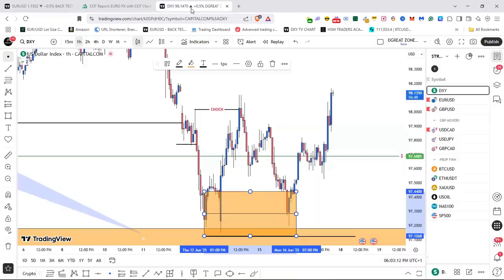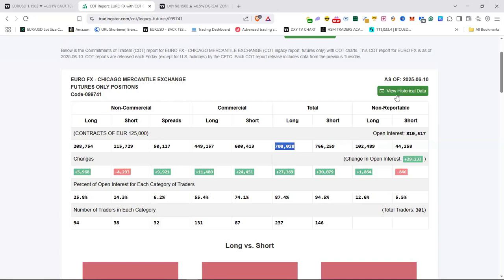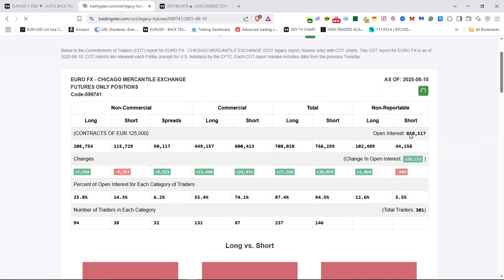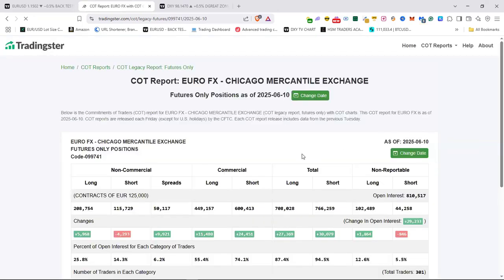So now you ask yourself, has Euro futures traded into a key level? You start to look at that as well. Okay. Now let's look at, sorry, I hope I'm actually looking at the actual data. Yeah. So let's look at the last week, which is actually the 3rd of June.